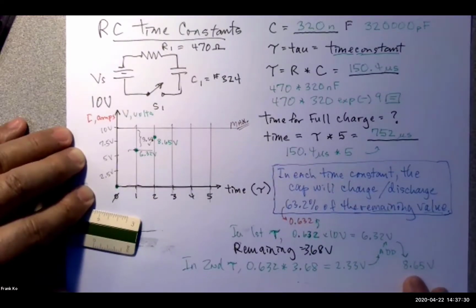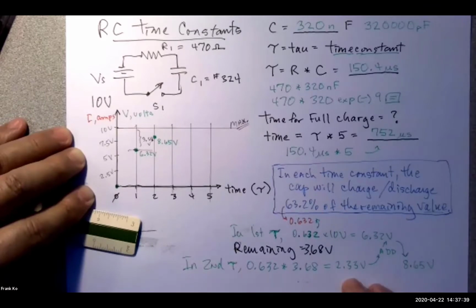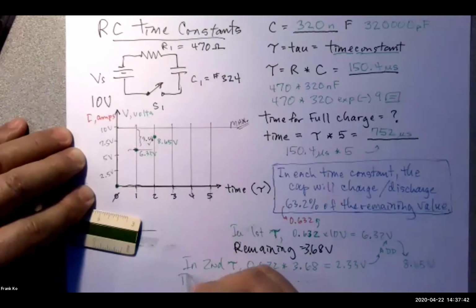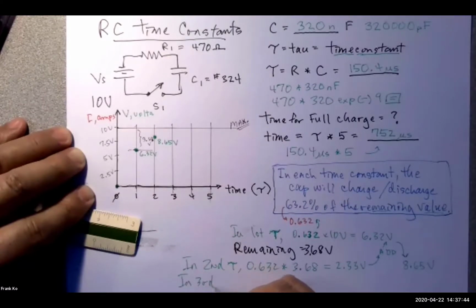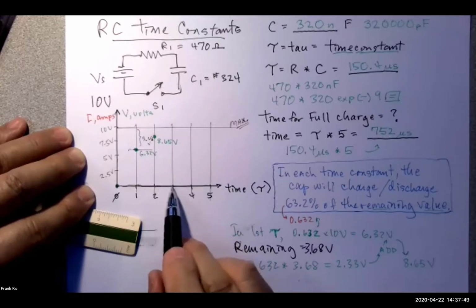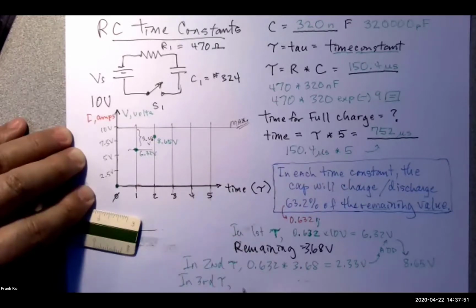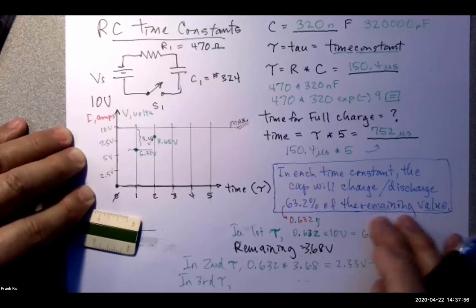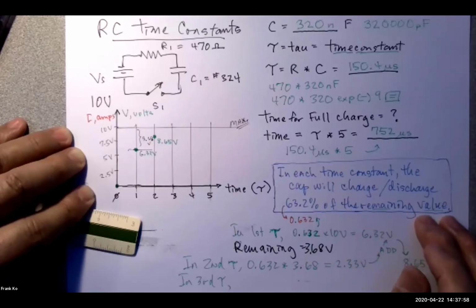Are we okay with how that's calculated? And guess what? If we repeat this exercise for the third tau and the fourth tau, we'll do one more tau. In the third tau, what will happen? What will happen between the second and third tau is the cap will charge 63.2% of what? The remaining value. What is my remaining value if I'm currently up to 8.65?